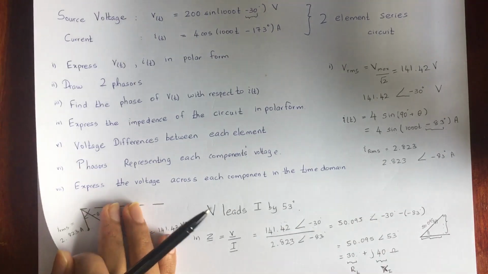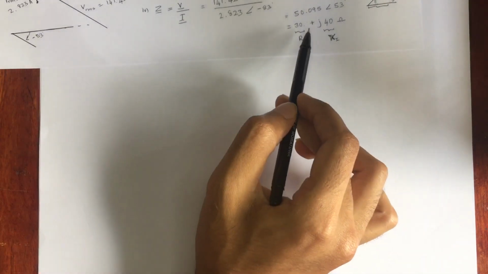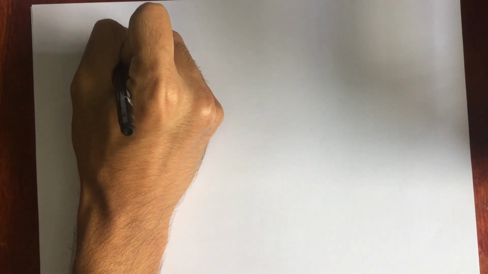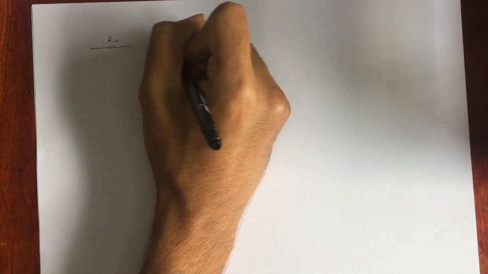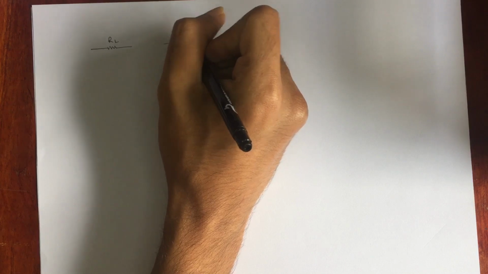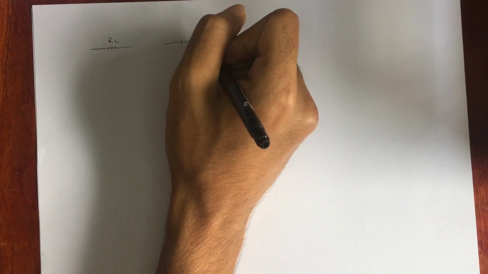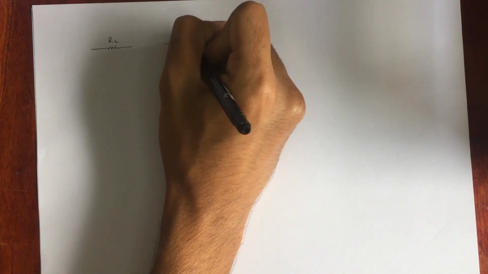So how are we going to find this? Actually we knew the resistance part and the reactance part, which simply means, let's say this is the resistance part, and there is an inductor part as well. Okay, this is the inductor, so we can tell it's going to have the XL.